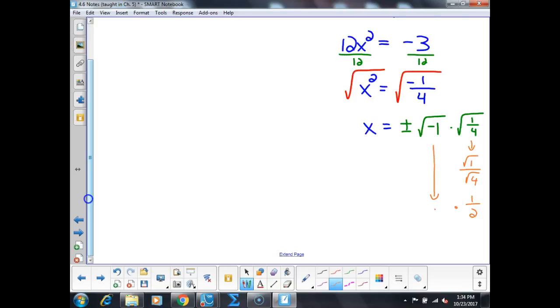This one becomes i, and the plus or minus comes along for the ride. So in the end here, x is equal to plus or minus i over 2. I would also accept there plus or minus 1/2 i.